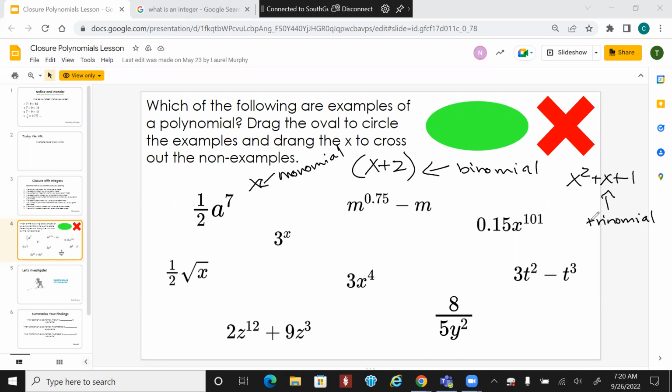Somebody said it. More than one term. Polynomial is more than one term, right? All right, take a second. See which ones are polynomials.